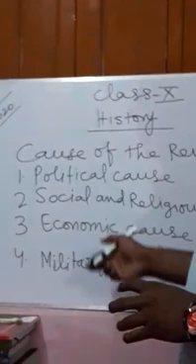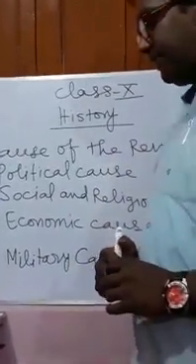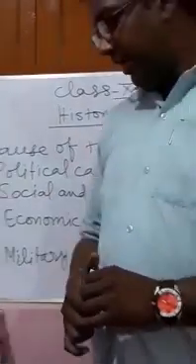These are broadly the four causes of the revolt of 1857, right?